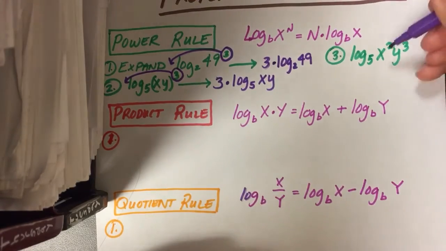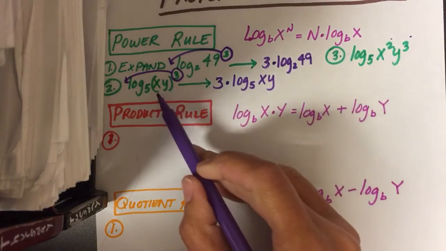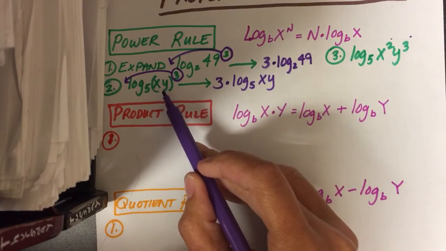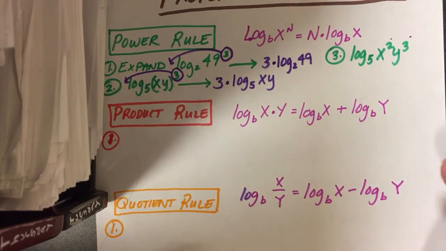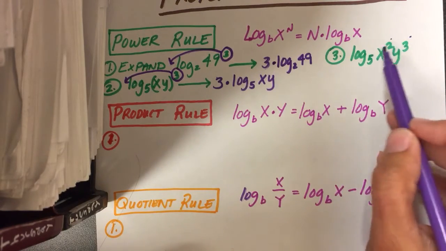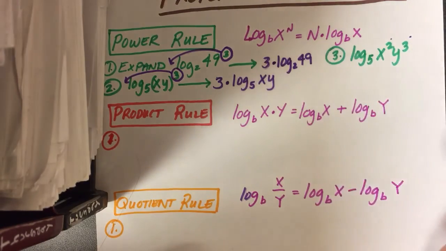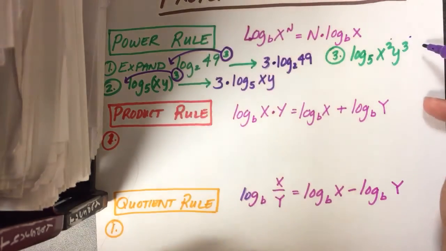The reason is the 2 and the 3 are not attached to the entire argument. See here, where we have xy, the entire thing is to the third power. Here we've got two different exponents. You have to have a unified exponent on the entire argument, the entire value here, in order to move it in front. So we can't do anything with this yet. But keep that in mind. We're going to come back to it.